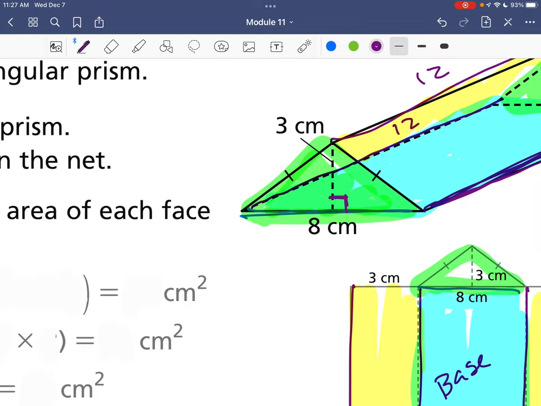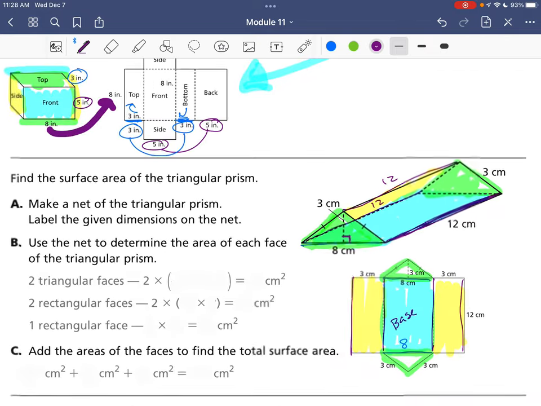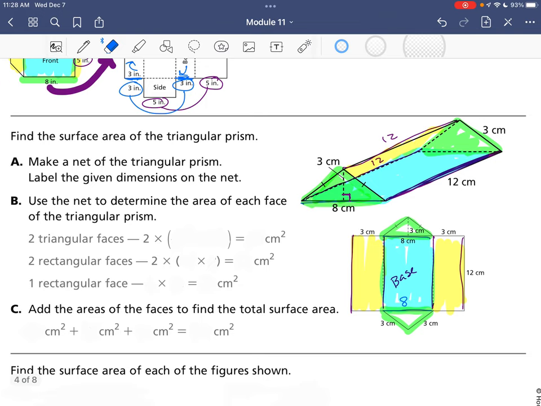That right part is here, so right triangular prism. And so let's do our triangle faces first. So you're gonna do 2 times, because we have 1 and then 2.